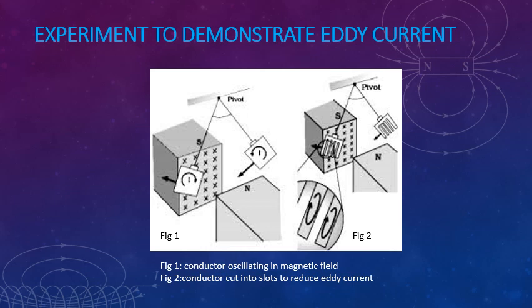Now, the face of the conductor towards the north pole of the magnet will behave like a south pole, or the current will flow in a clockwise direction, so as to oppose the motion of the conductor away from the magnetic field region. Hence, eddy currents oppose the motion of the conductor, and finally the oscillation comes to rest, which is nothing but electromagnetic damping.